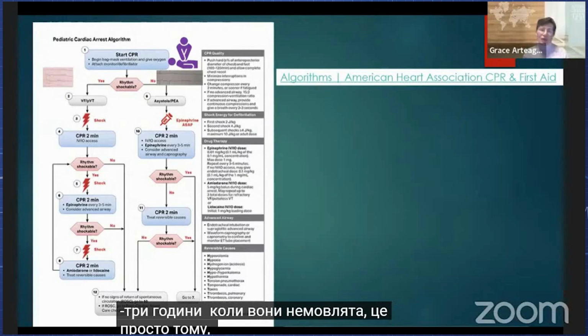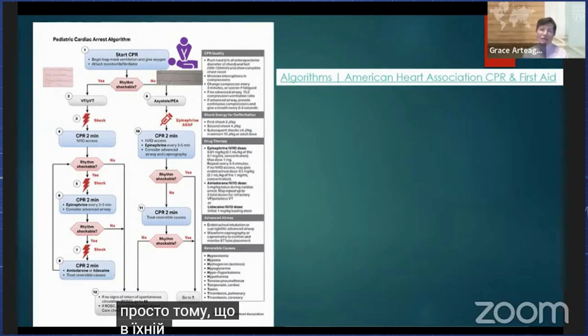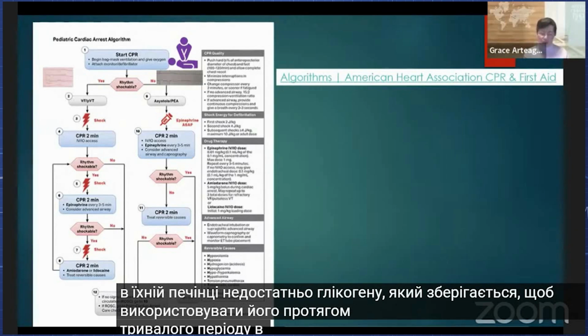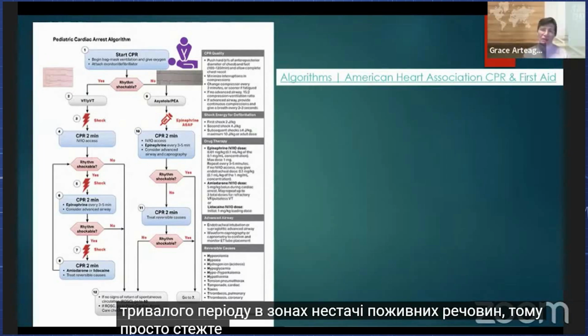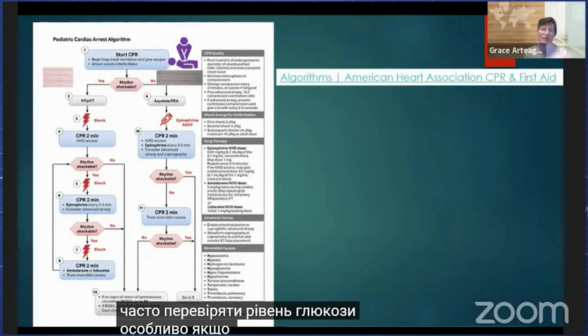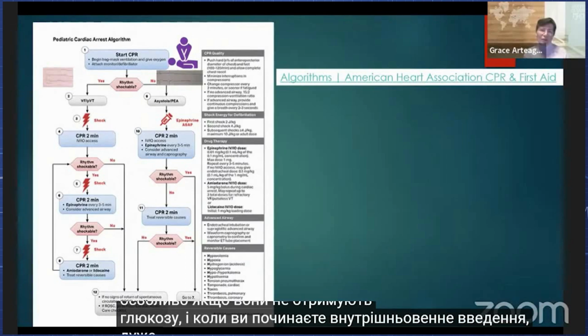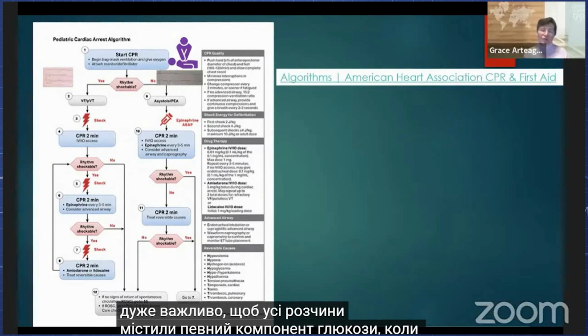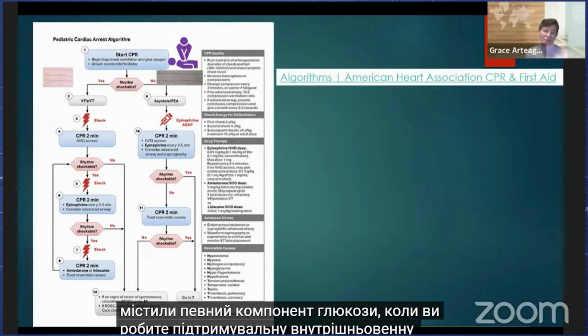It's just because there's not enough glycogen stored in their liver to be used for long periods of lack of nutrient. So just keep an eye on the glucose. Any kid that's less than a year of age needs to have frequent glucose checks, particularly if they're not getting glucose. And when you start an IV, it's very important that all the solutions have some component of glucose when you do maintenance IV fluids.